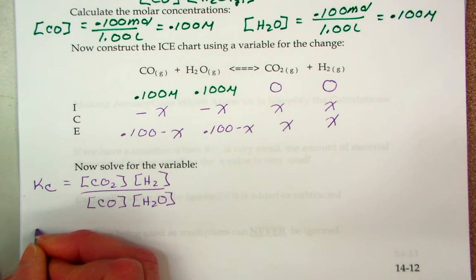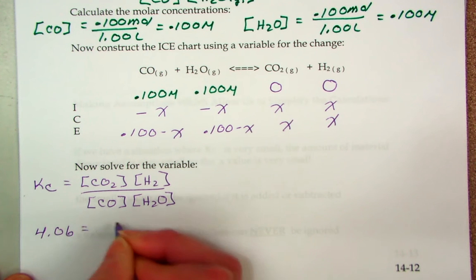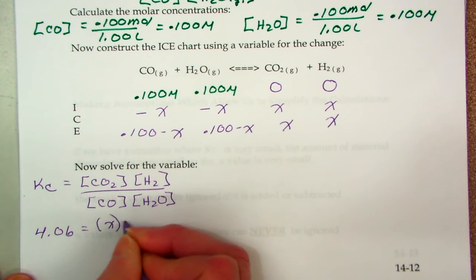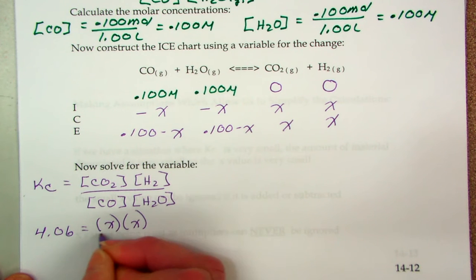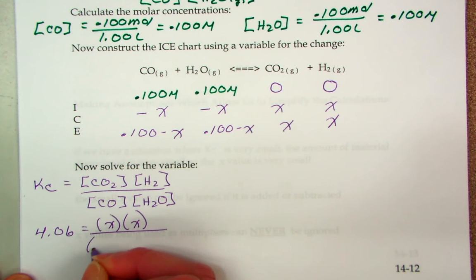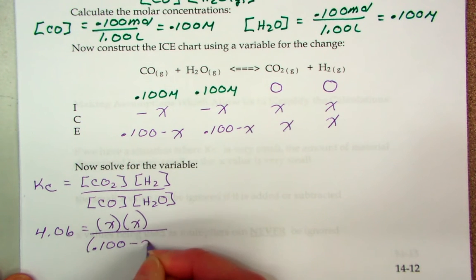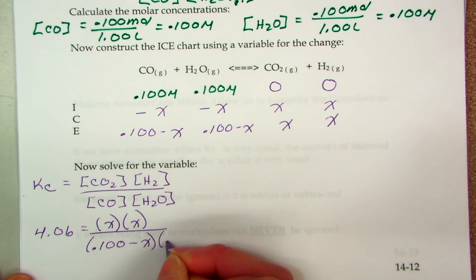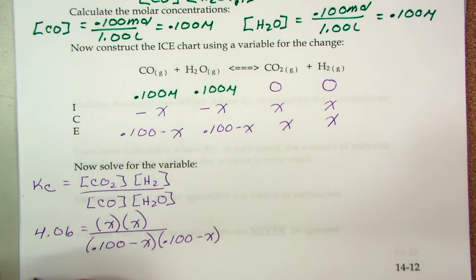So my Kc value, 4.06, is equal to carbon dioxide X times hydrogen X divided by carbon monoxide 0.1 minus X times the water concentration 0.1 minus X.